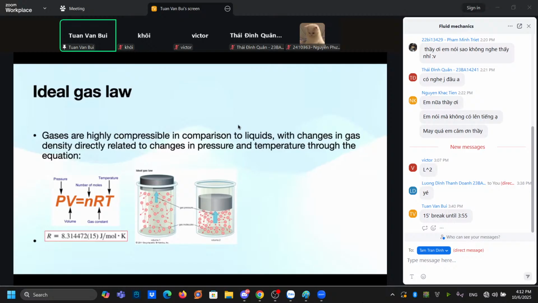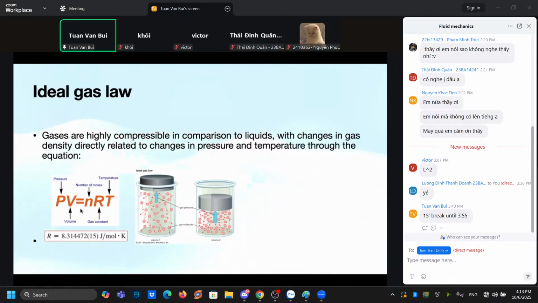Normally the ideal gas law is used because we know gases are highly compressible in comparison to liquids. So the change in gas density is directly related to the change in pressure and temperature through the equation PV equals nRT, where P is the pressure of the gas, which can be in Pascal, in atmospheres, ATM, or in other units.